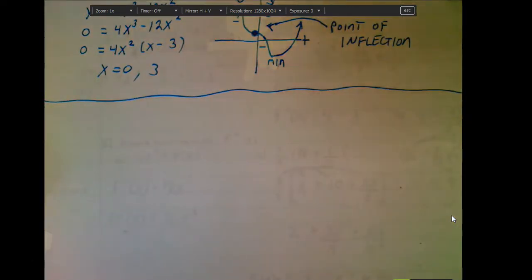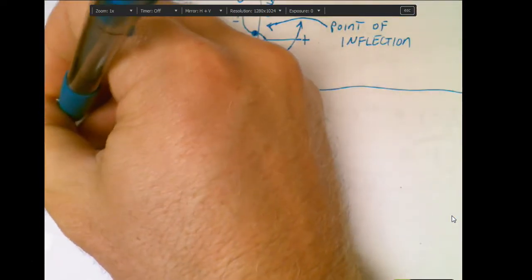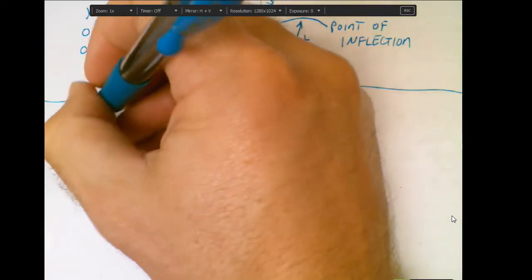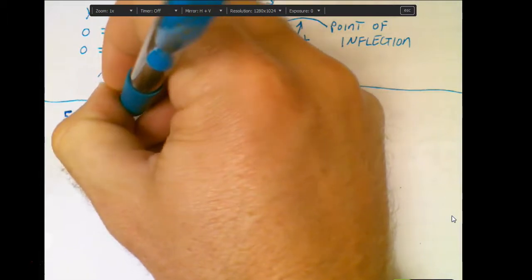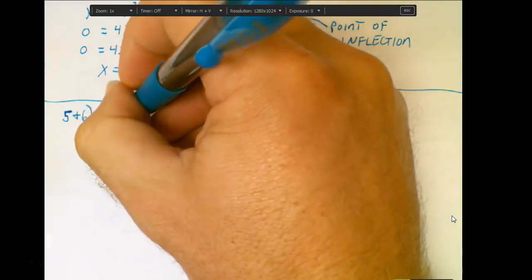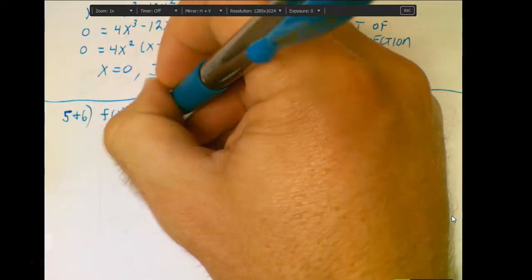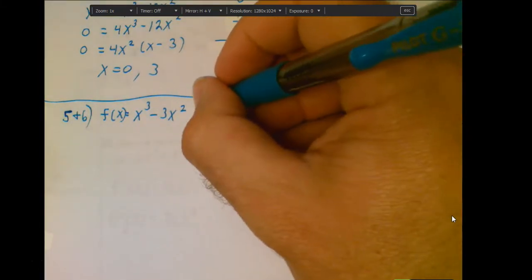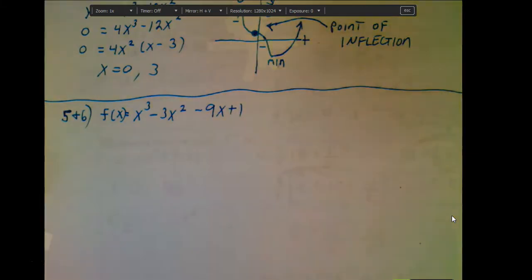So working with the function that we had up there for number 5, so this will be for 5 and 6, and this is where we'll finish off the notes. So x to the third minus 3x squared minus 9x plus 1. So that's the function that we're working with.